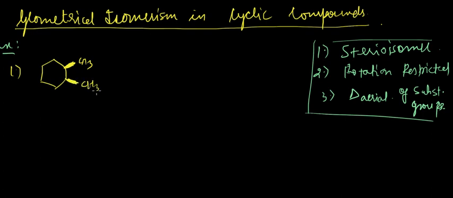What do I mean by a bond which is darkened and a bond which I show with simple dashes? When I darken a bond, it implies that this CH3 is towards your face.